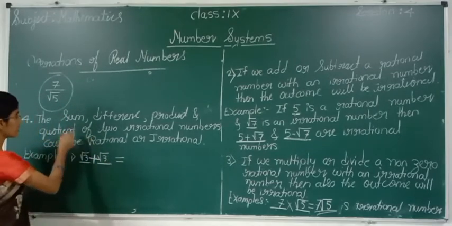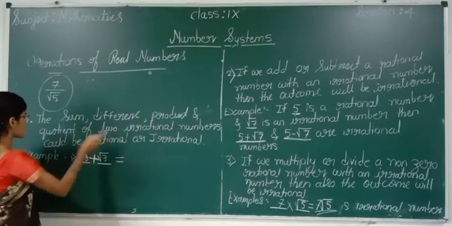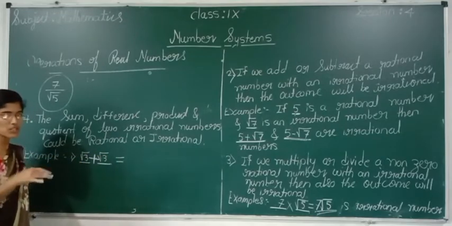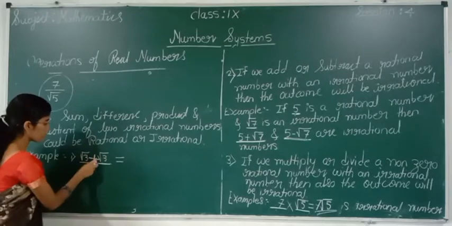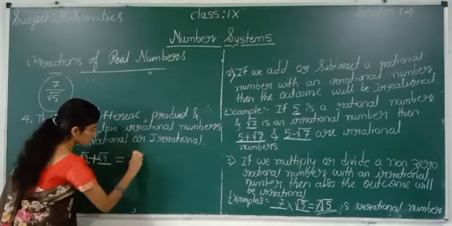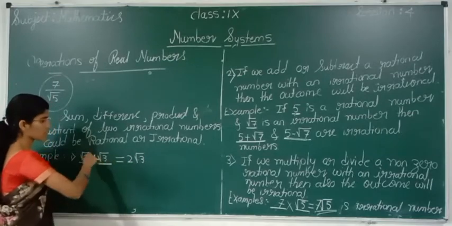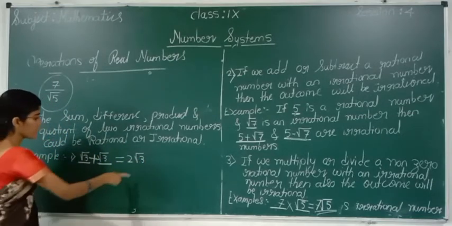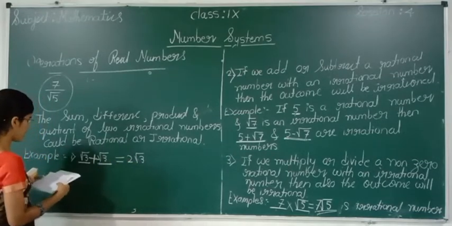The sum, difference, product and quotient of two irrational numbers could be rational or irrational. The answer may be rational or irrational. We can't tell definitely. Now root 3 plus root 3 is 2 root 3. This is an irrational number, root 3 is also irrational. If you do addition, we are getting an irrational number only. We can't tell that an irrational number only will come. It may be a rational number also.